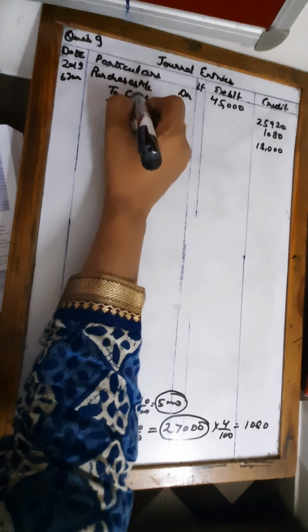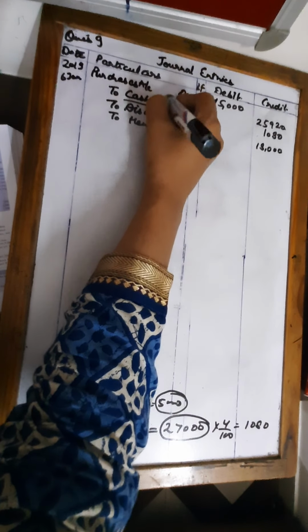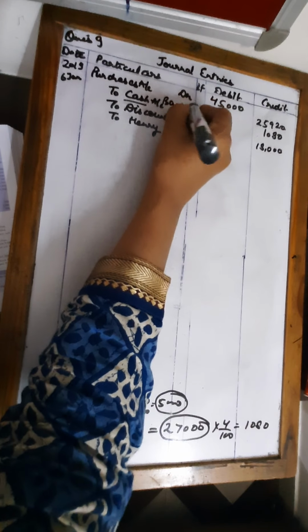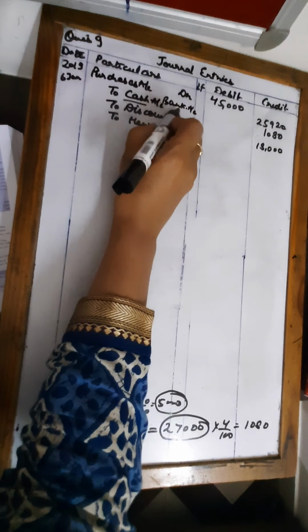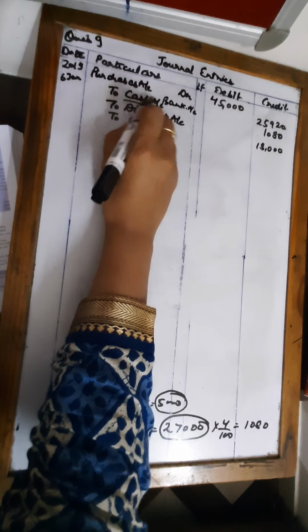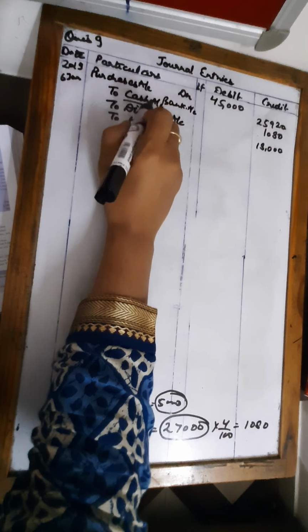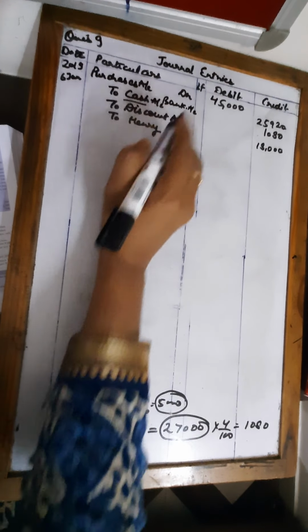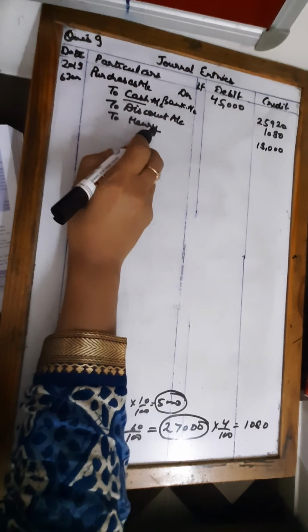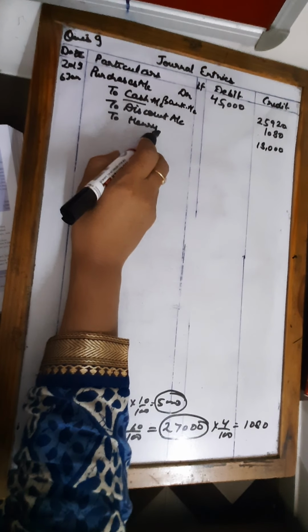So instead of cash you have to write bank account, not cash account. Please rectify here. Instead of cash you have to write bank account because we are paying through check. And 40% is your credit purchases, that is 18,000.